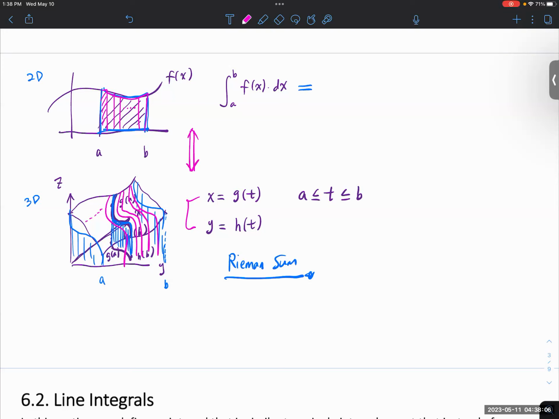Mathematically, we've been using the Riemann sum limit. We have an infinite number of rectangles, and the function is given, and we have equal-size partitions, and then the summation of all the rectangles.